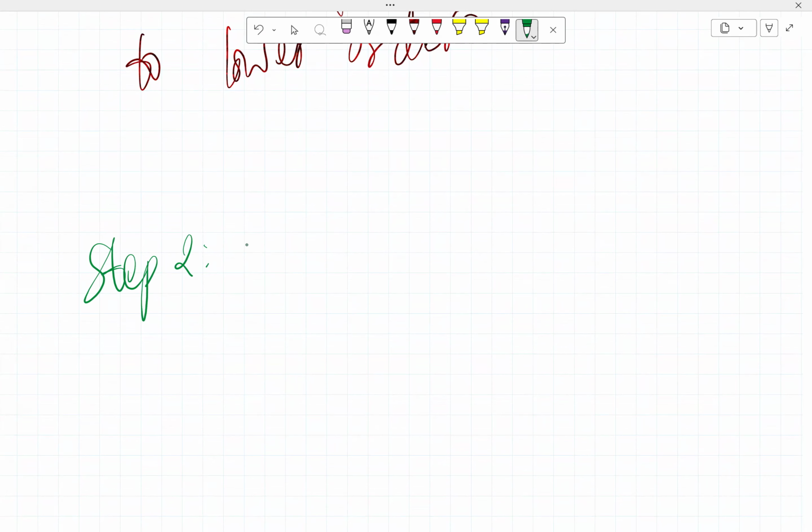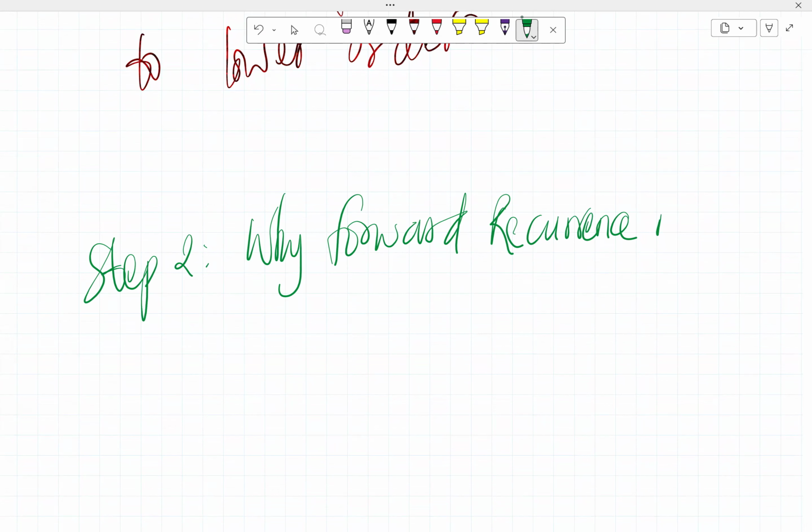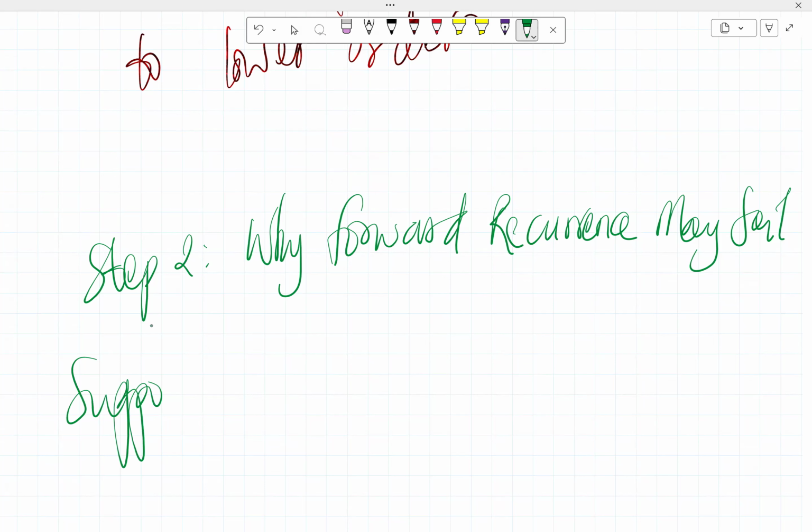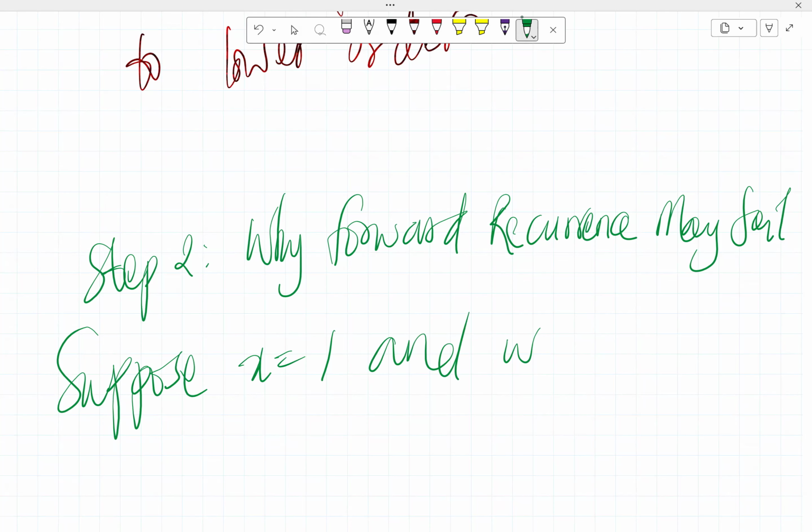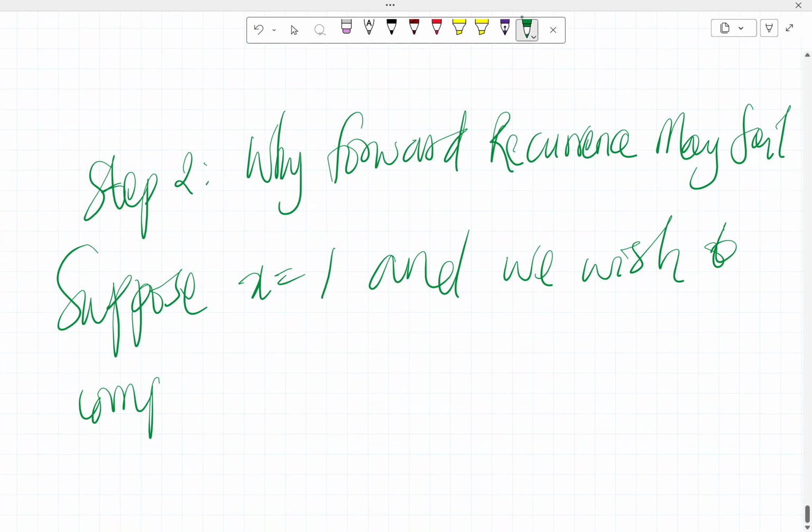Having done that, we go for step 2, where we talk about why forward recurrence may fail. Suppose x is equal to 1, and we wish to compute J sub 50 of 1.